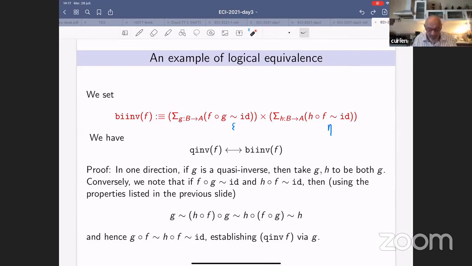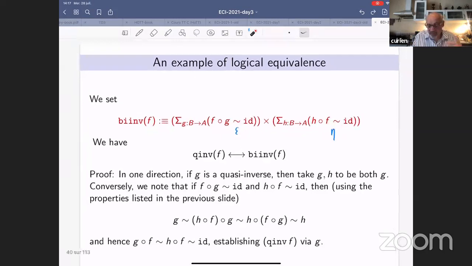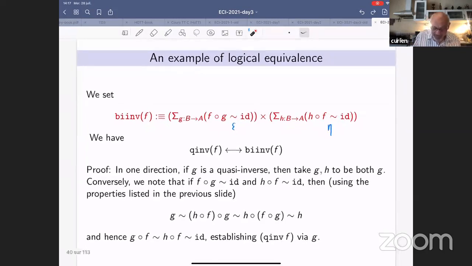And you see that we need to care for equalities deeper in the structure. We are not looking only at the equality of functions, but we also need to look at the equality between equalities, because this is an equality.